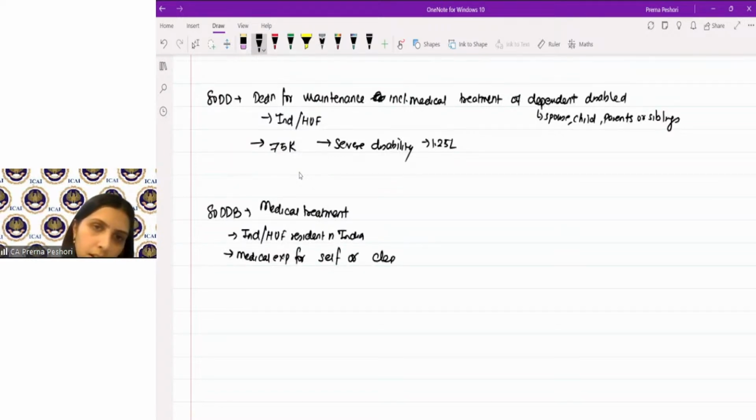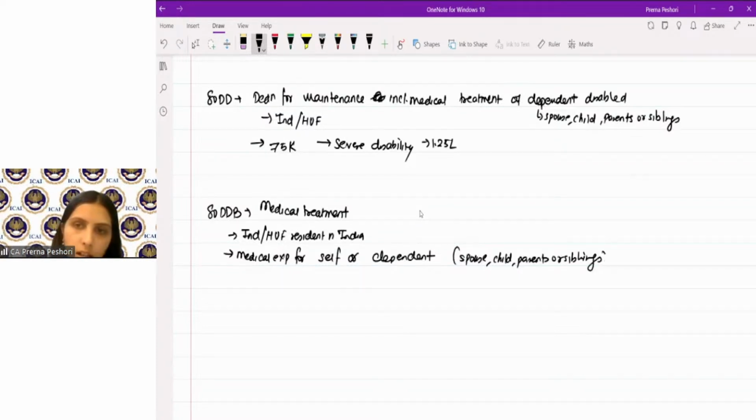or dependent. Now, who is a dependent over here? Again, it is spouse, children, parents, or siblings, who are wholly or mainly dependent, and the same is for a member of the HUF.